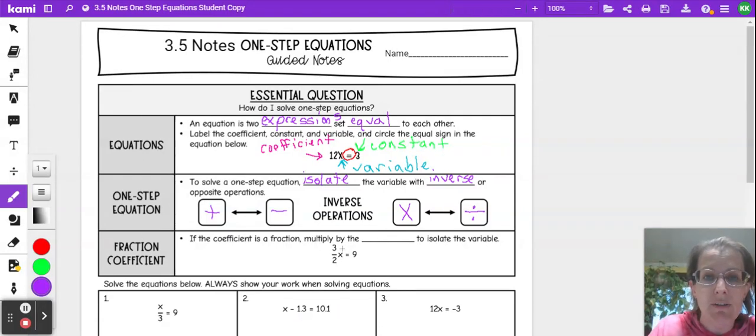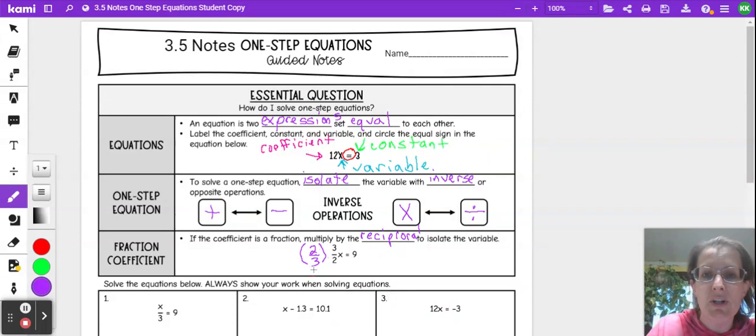And with fractions, if you have a fraction coefficient, there's a couple ways you can solve it, but the fastest way is if the coefficient, the number in front of the variable, is a fraction, then you multiply by the reciprocal. That means we divide by the reciprocal.